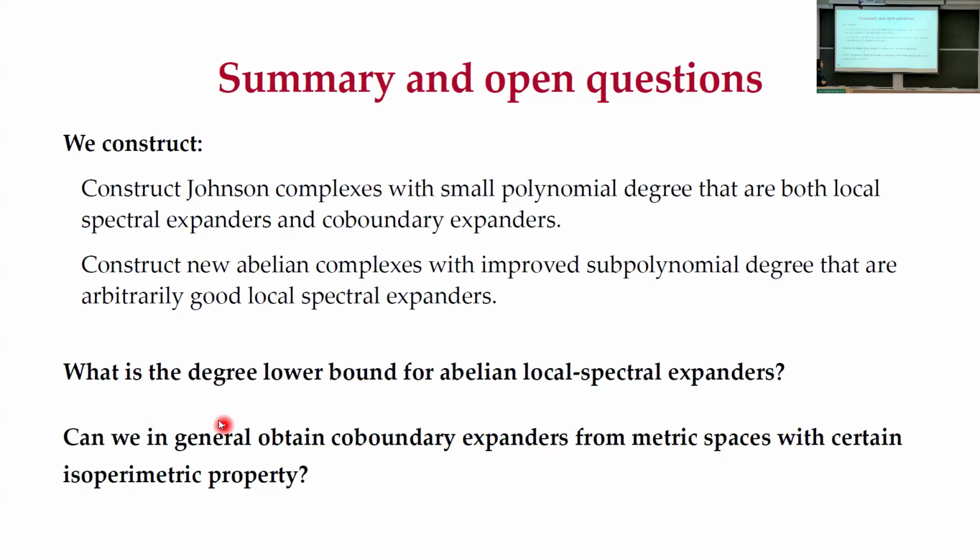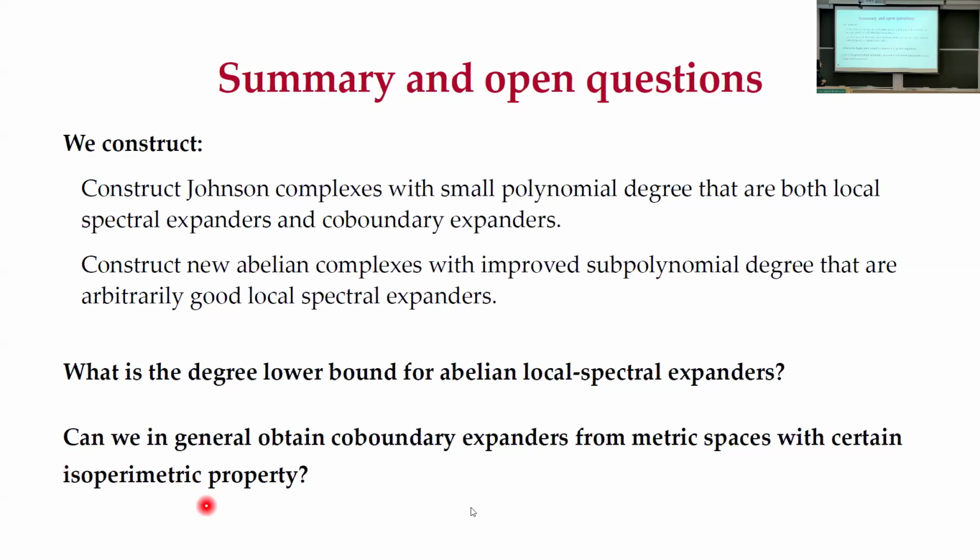The question is, does such a lower bound, or even a larger lower bound, exist for Abelian local spectral expanders? Is there a degree lower bound which I need at least to achieve, say, two-dimensional local spectral expansion? I think the answer is yes, and I believe the degree should be much bigger than log n.